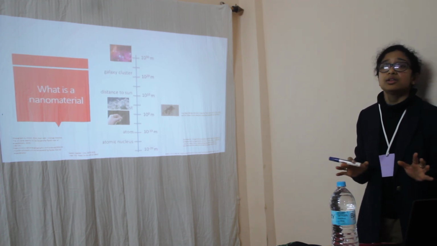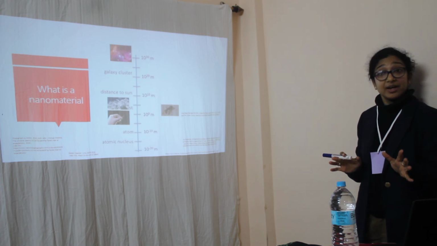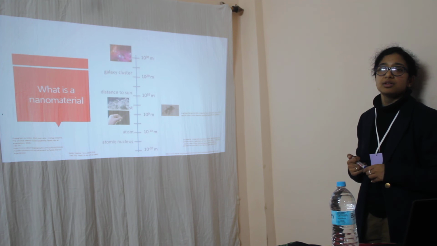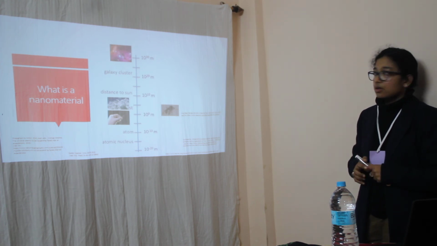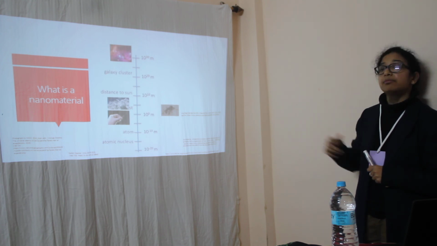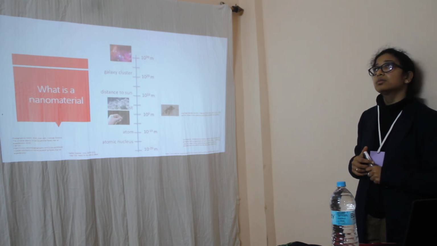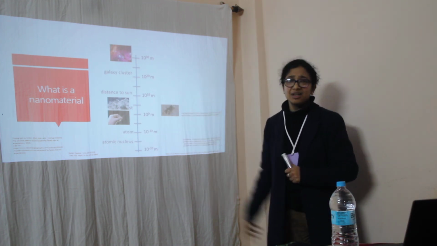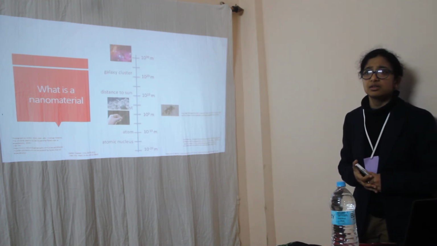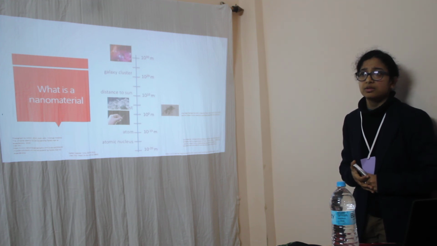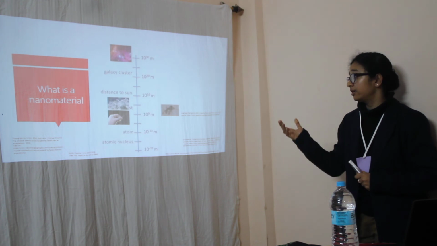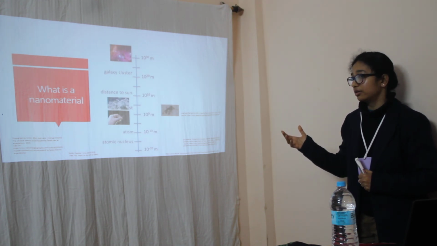And then there is a single hair strand, around the range of micrometer. Micrometer is 10 power minus 6 meter. So which one is more, 10 power minus 6 meter or 10 power minus 9 meter? 10 to the power minus 6 is more, right? So that means it's almost 10,000 times smaller than a meter, right?